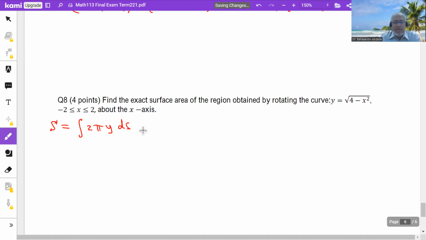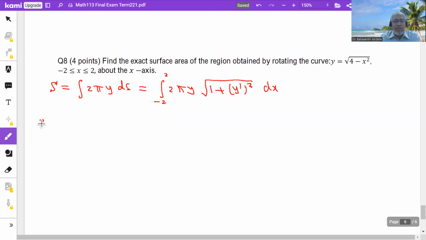And ds is the arc length, and you can choose it to be with respect to y or to x according to the question. Since the limits of x are given, I'll choose to write it with respect to x. So here I have the square root of 1 plus dy by dx, or y prime, squared, from negative 2 to 2.